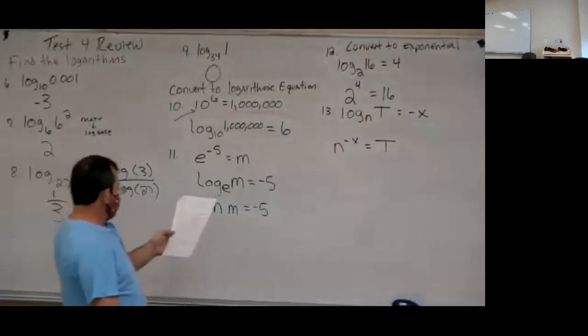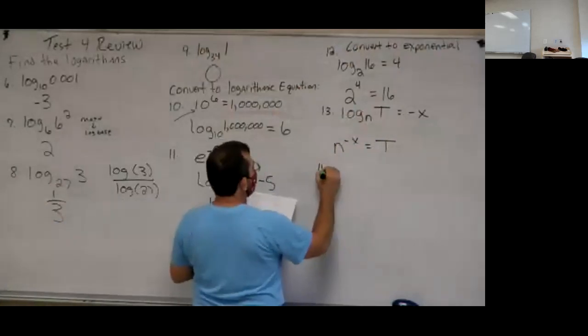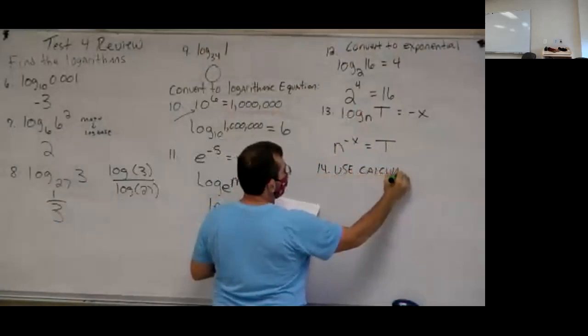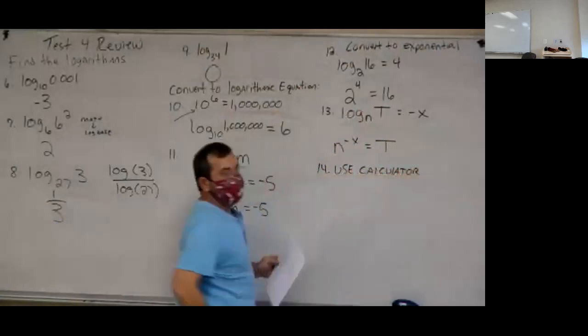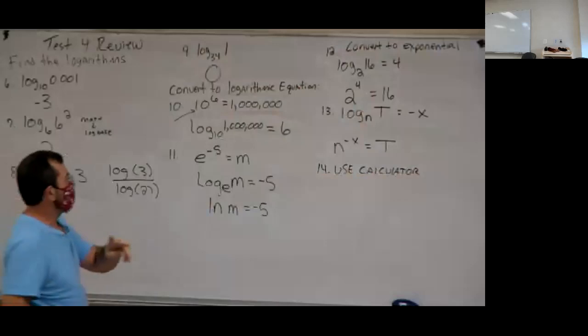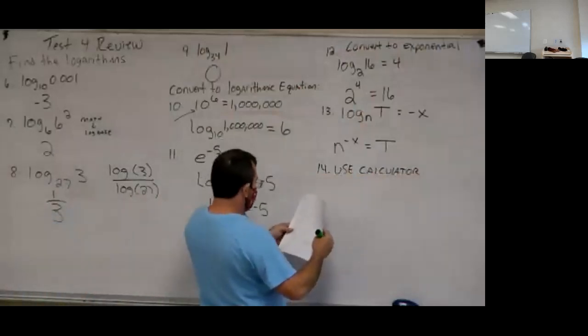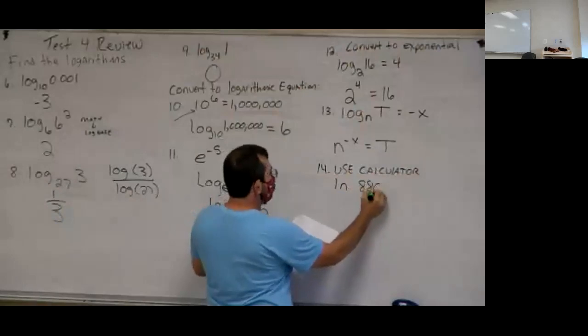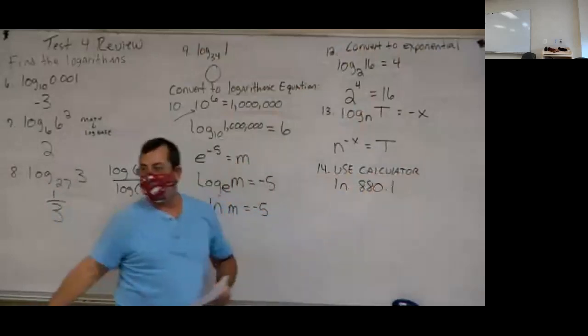All right, let's see. 14 actually tells you to use a calculator. Anytime you're using calculators, you're going to round to 4 decimal places. Actually, I think every one of them where you had to round was going to 4 decimal places, okay? So they want us to find the LN of 880.1.